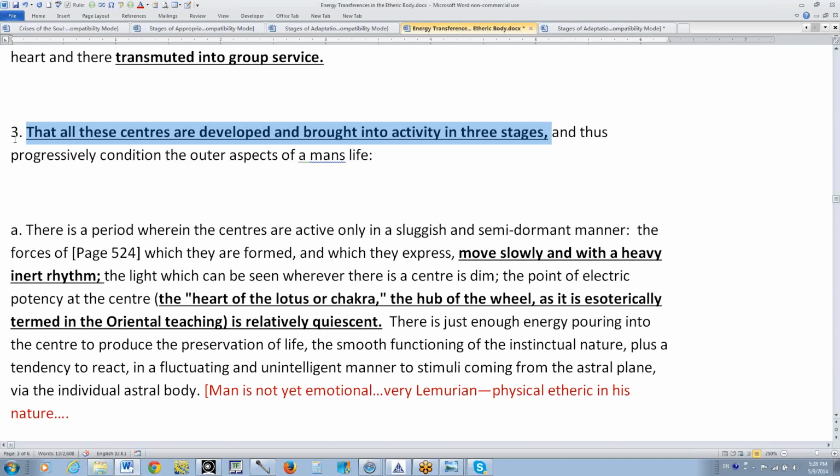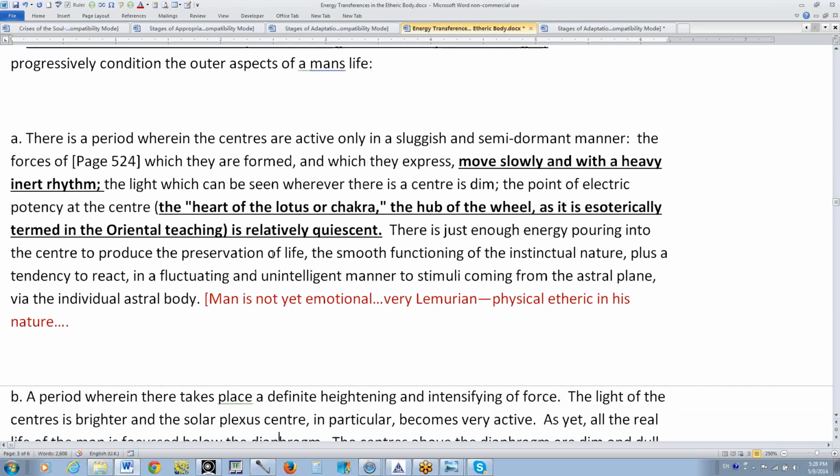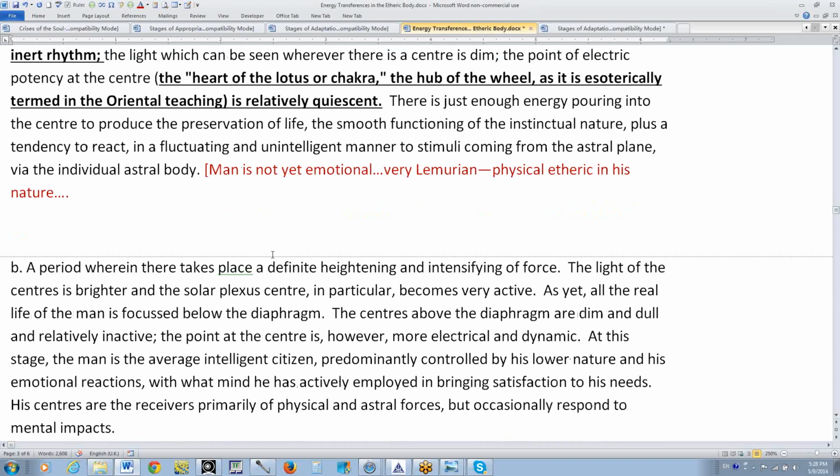Let's see. By the time we reach the second petal, it's an Atlantean petal in a way of describing it, and definite emotional energy is coming through, and this is a period when there's lots of emotionality, I would say. Okay. Then a period wherein there takes place a definite heightening and intensifying of force.